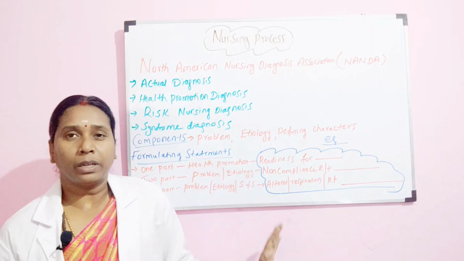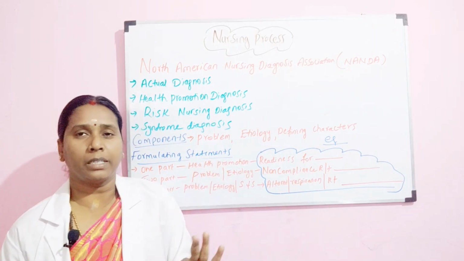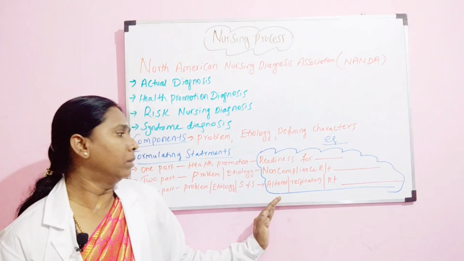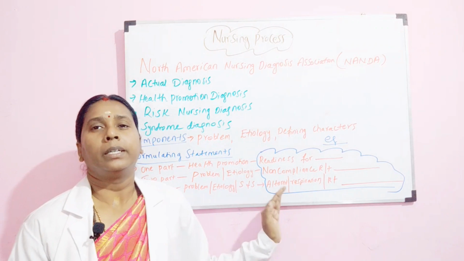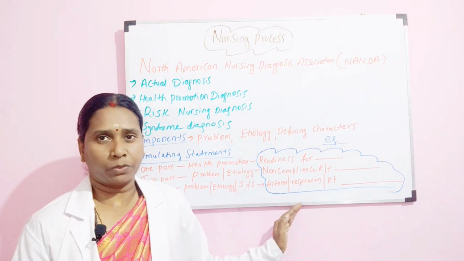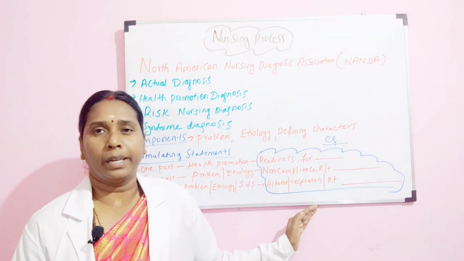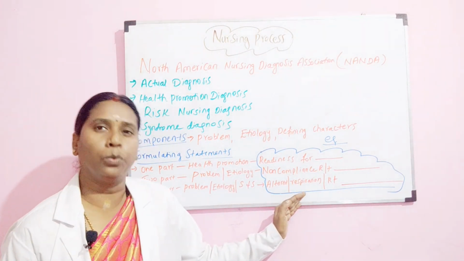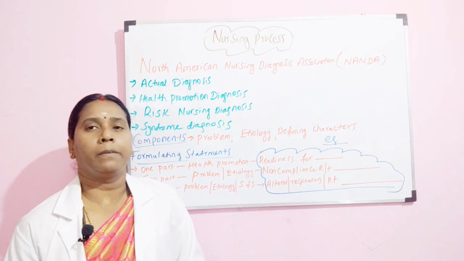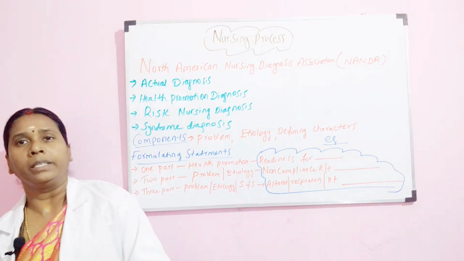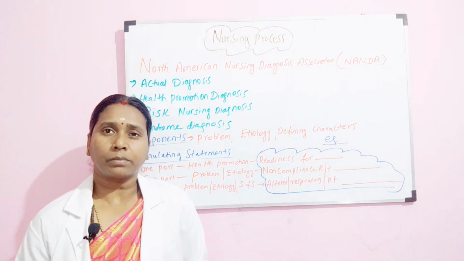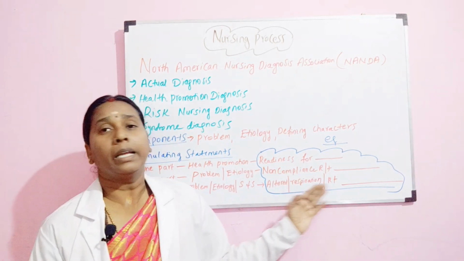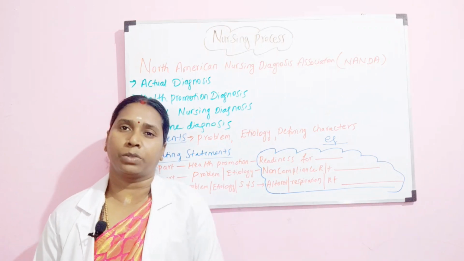When you are diagnosing, you have to write first the problem, that is your altered, ineffective, all those types of things will come, and then comes the area, that is the etiology, related to. So what you have to write? Altered breathing, ineffective breathing, decreased perfusion, those terminologies will come. Okay, then related to the signs and symptoms, you have to write.